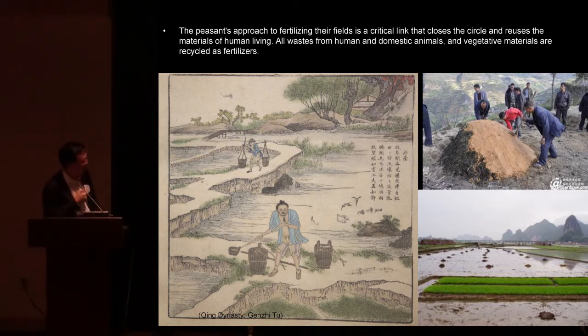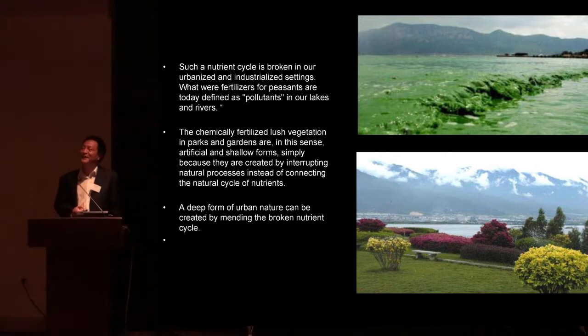You all know that. The problem today is that we've broken this nutrient cycle. Here is a picture you can see in Yunnan. This is a big lake, so heavily, severely polluted, basically by nutrients, nitrogen rich.